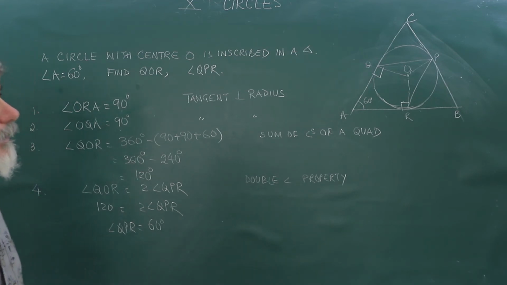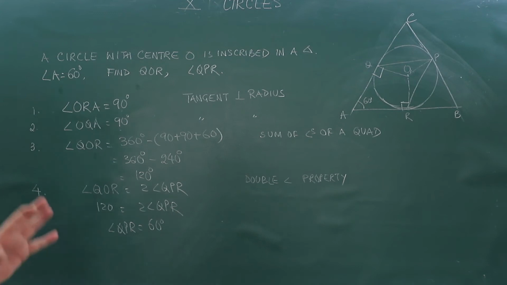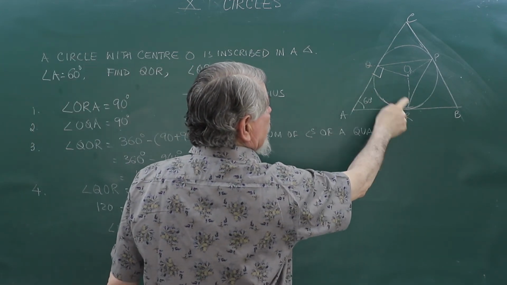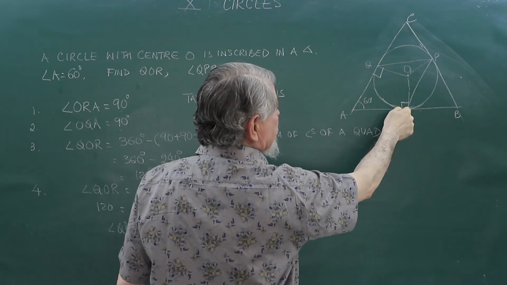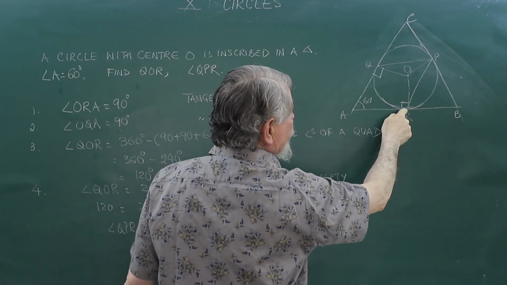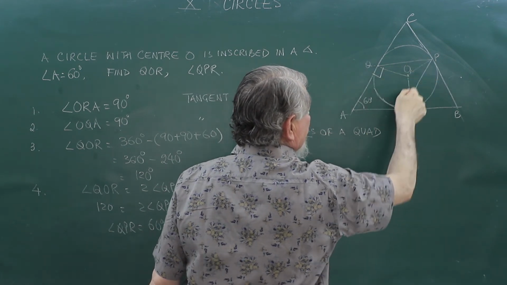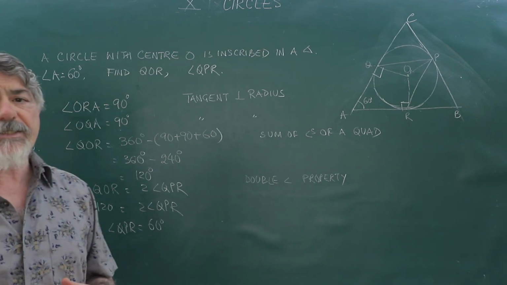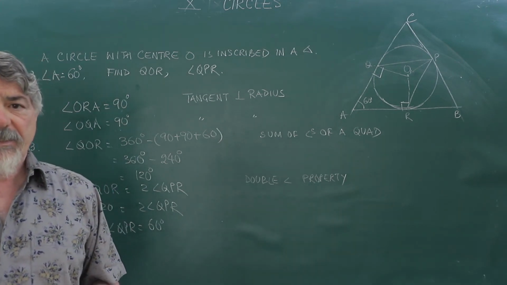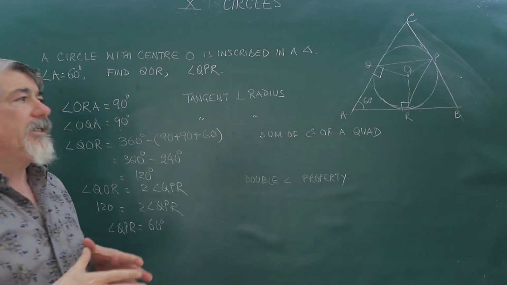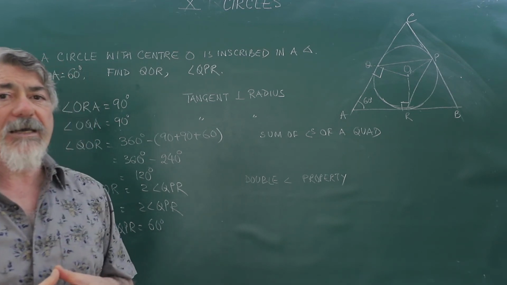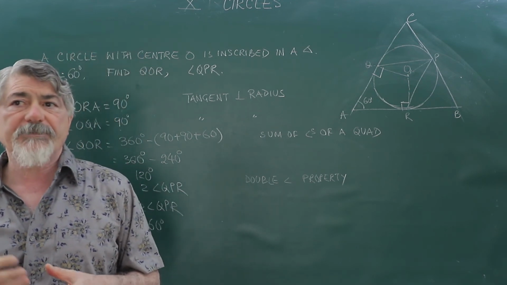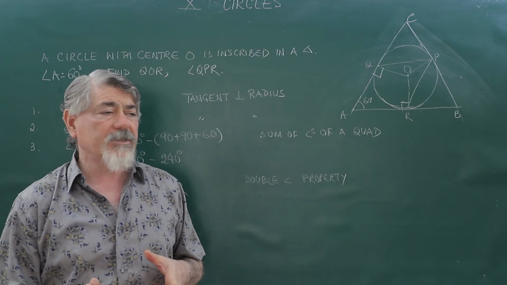Now look, in the circle, this arc QR is making angle QOR at the center, and the same arc QR is making angle QPR at the circumference of the circle. So we had read the first thing, the double angle property. The angle subtended by an arc at the center of the circle is double the angle it subtends at the remaining part of the circumference.